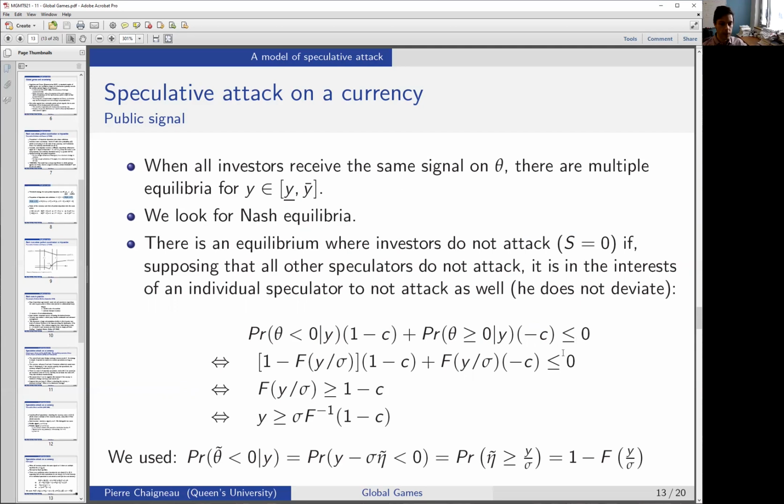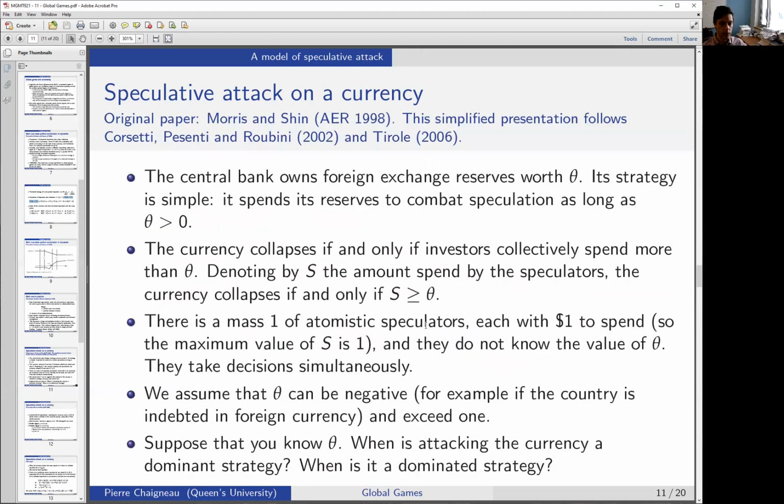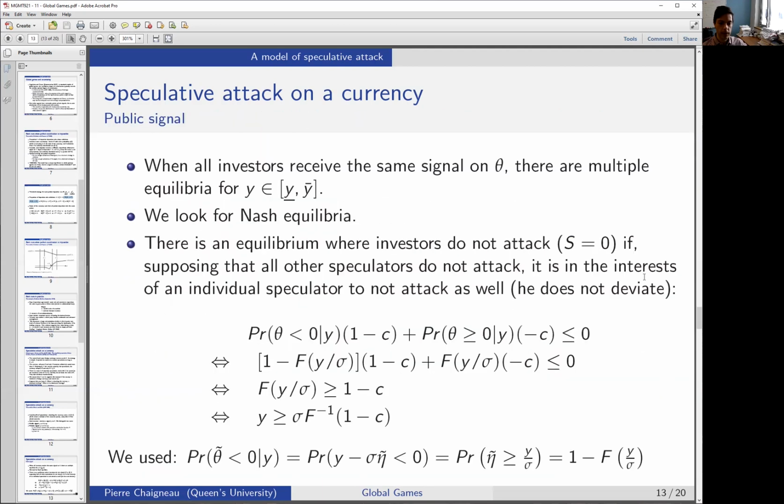So what is the probability for the attack to succeed? We know that the attack is going to succeed if and only if S is greater than theta. So what we want to calculate is the probability for S to be greater than theta, given that S is equal to 0. This probability is equal to this.